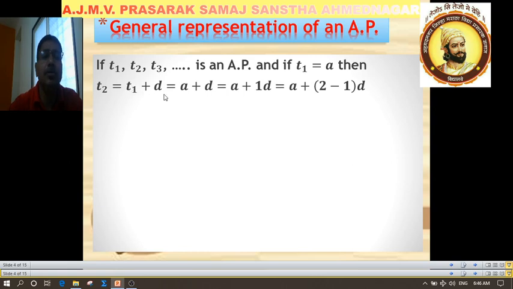But T1 is equal to A, so A plus D. D means 1D, but 1 can be expressed as 2 minus 1. So A plus 2 minus 1 time D.